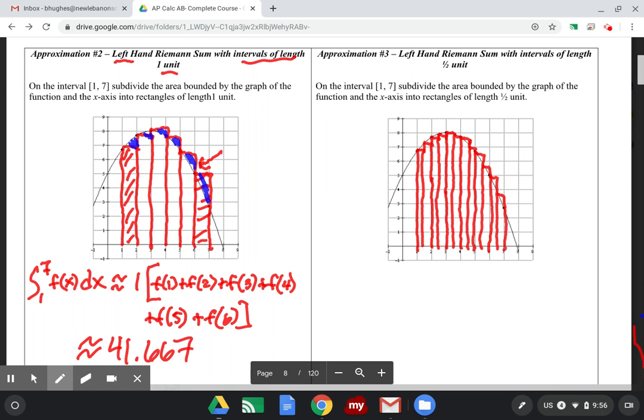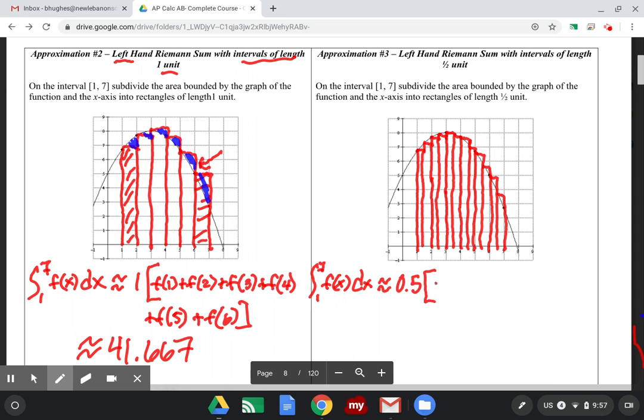So if I were to actually estimate the area, and I'm not going to write this entire thing out, but you guys will get the idea. The area underneath the curve from 1 to 7 is approximately, we have 1/2 is the width of every single one of those rectangles.